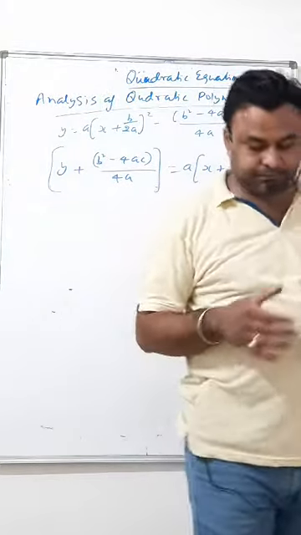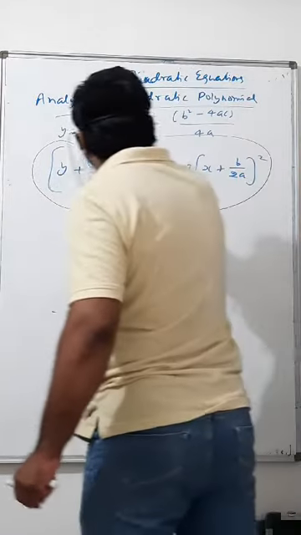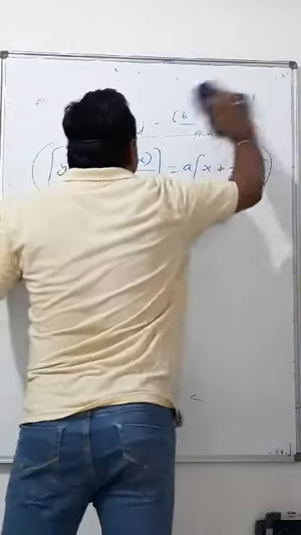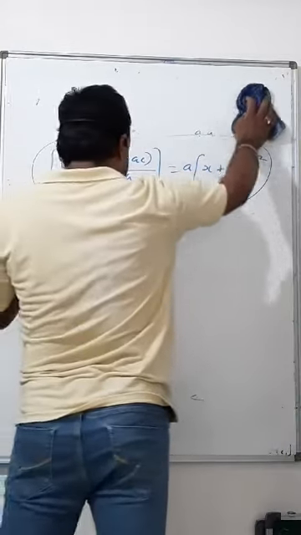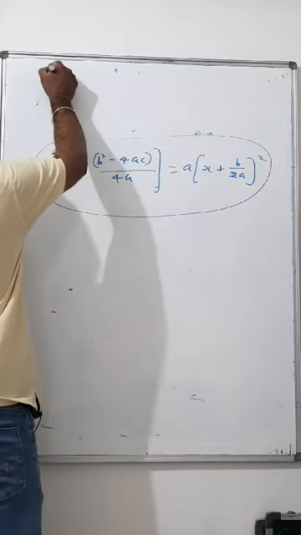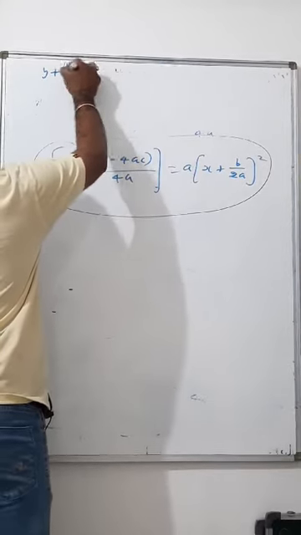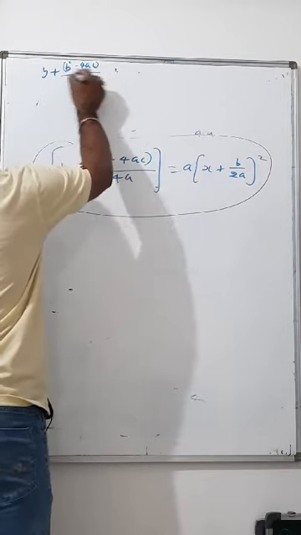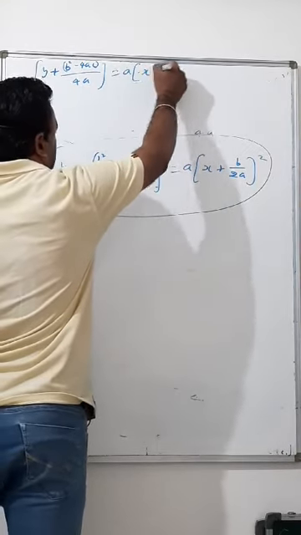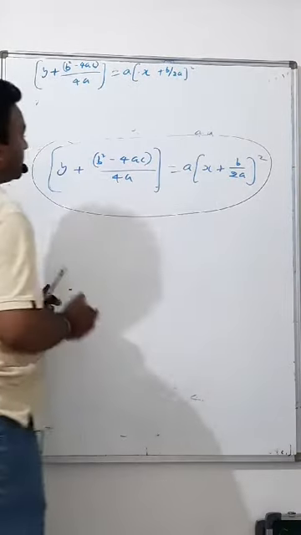Now look, let's keep this standard form at one place, right? I'll write it down at the top, then I'll analyze it. This is the straight analysis of, I write y plus b square minus 4ac upon 4a is equal to a times x plus b by 2a whole square.